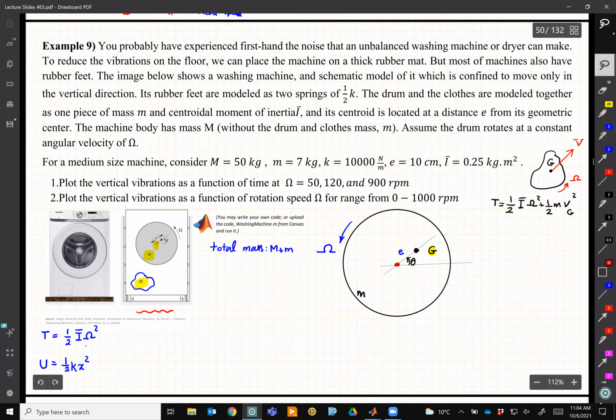So let me move that a little bit there. We have the whole mass M, which is pure translation. So I add that one, half of M x dot squared. This is for the washing machine frame, because remember it has a mass M and it's moving up and down with the coordinate that we call x.